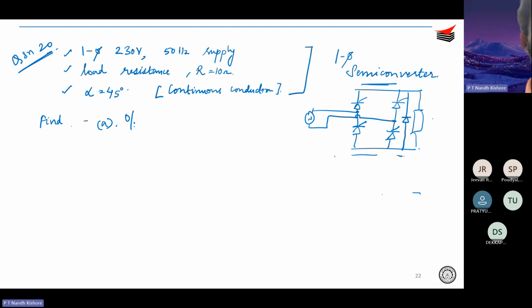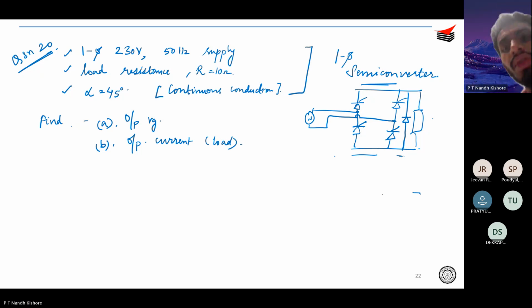So find the output voltage, the output load current. Find the load current. And then, this should be interesting.